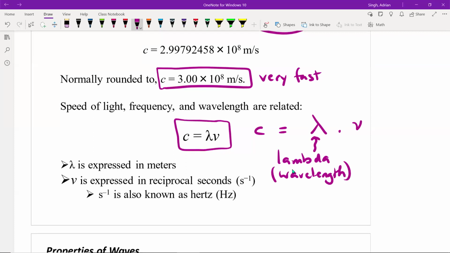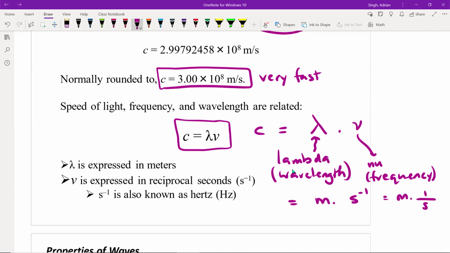So this v here kind of looks like velocity that we saw previously. This is not v. This is another Greek symbol called nu, and that represents the frequency. Okay, we'll talk about what frequency is here in a second. So you multiply the wavelength by the frequency, we end up with the speed of light. So if we look at units, wavelength is often expressed in meters, and then frequency has units of seconds to the -1, which is the same as 1 over second.